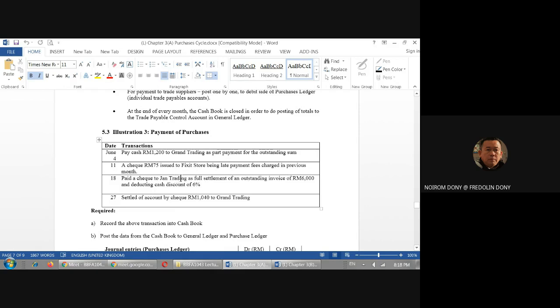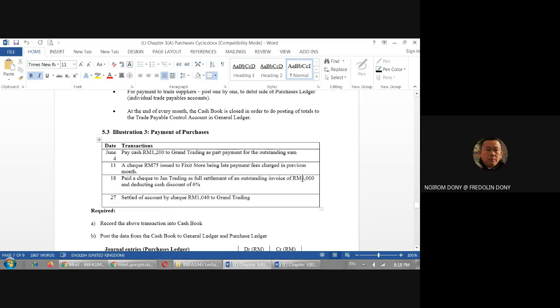Then what is the prime entry? Because we make payment by check, the prime entry will be cash book. Okay, but then you have to determine whether the 6,000 is the check amount. You see, outstanding invoice of 6,000. So this 6,000 is the invoice amount.